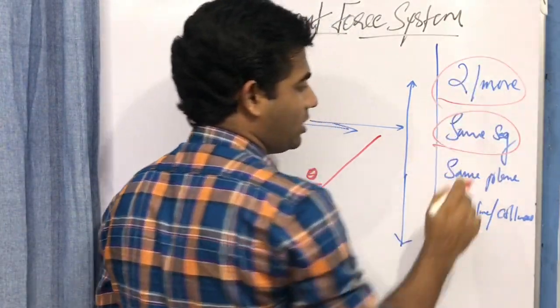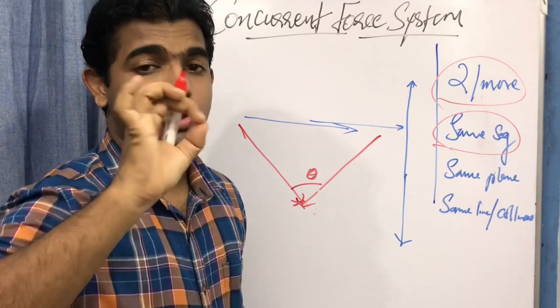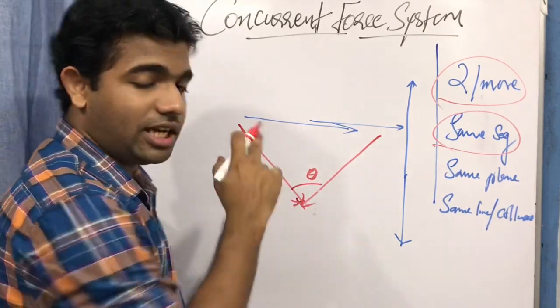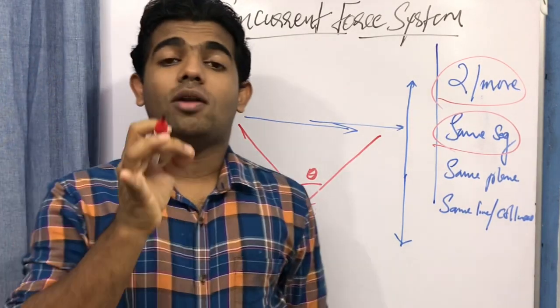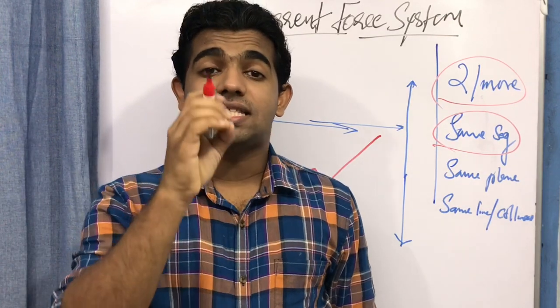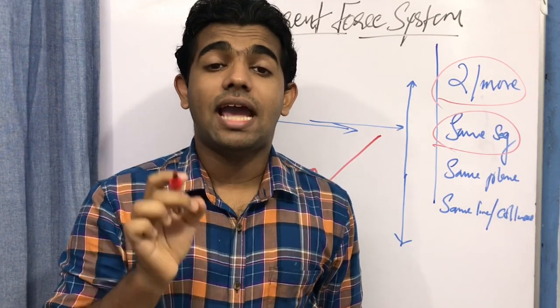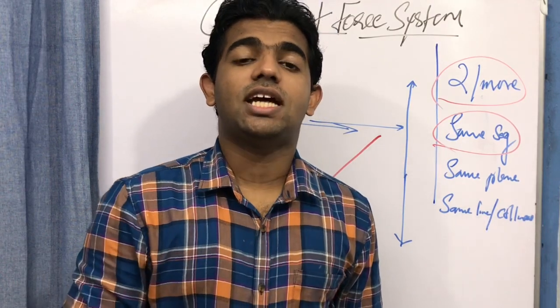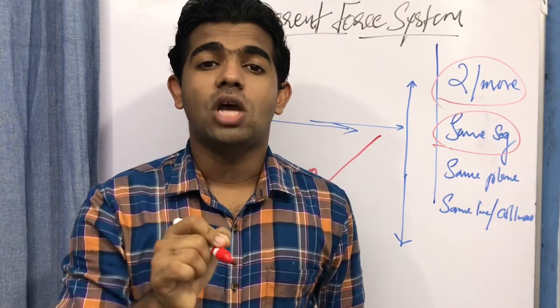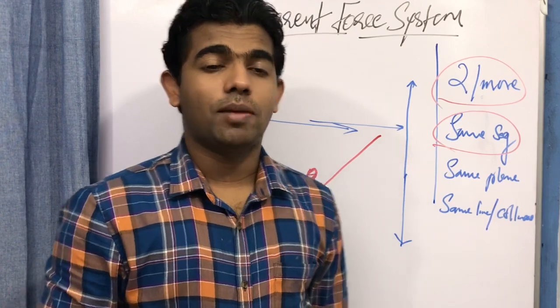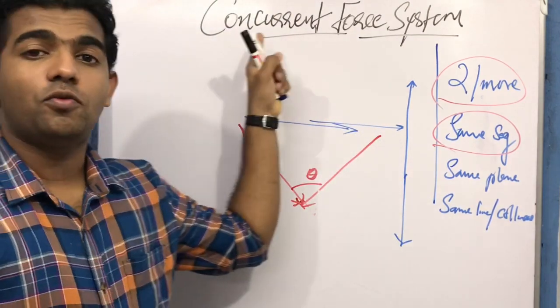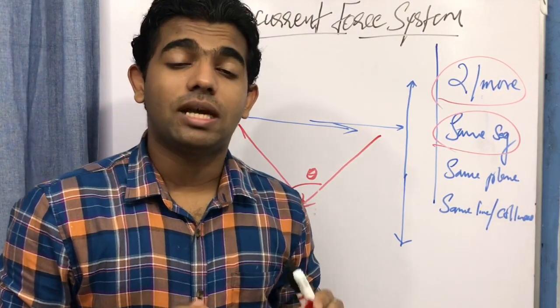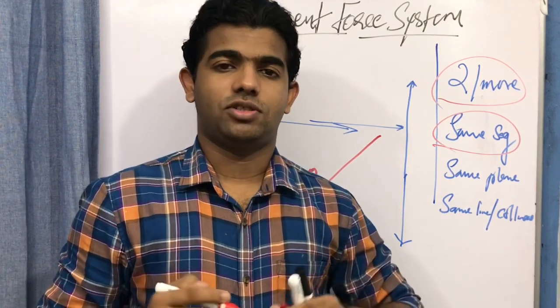Two or more forces are acting, not just one force. Definitely you need at least two forces. When two or more forces acting on the same segment lie at some angle to each other, then such forces become part of the concurrent force system.